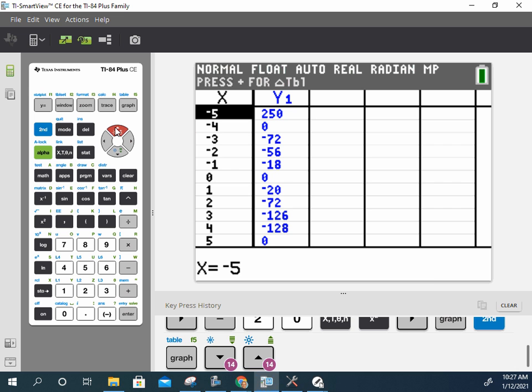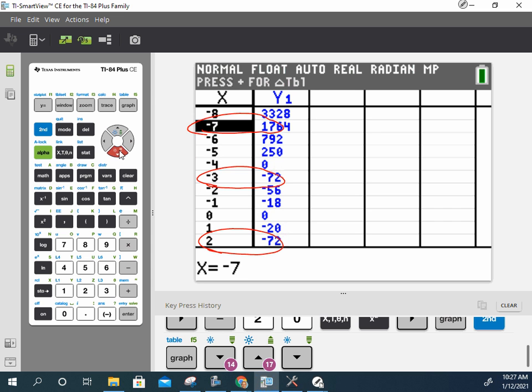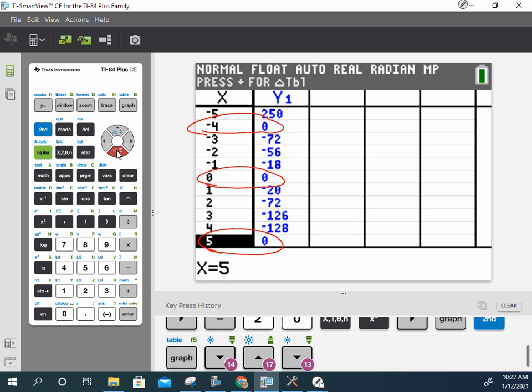So I can see I can definitely plot -4, 0, 0, 0, and 5, 0. Doesn't look like anything else looks all that nice to plot though. So I at least have 3 points that I can put on this graph.